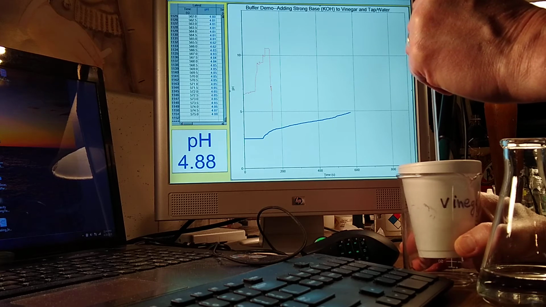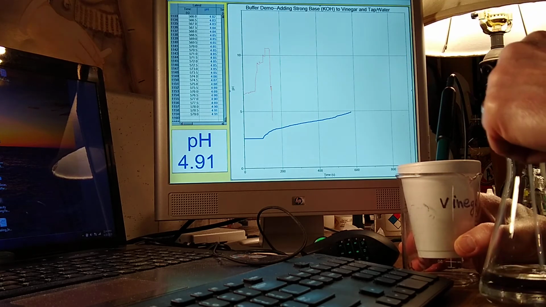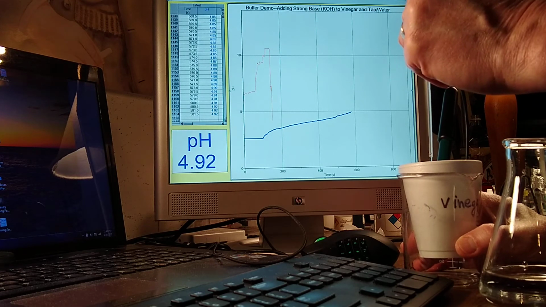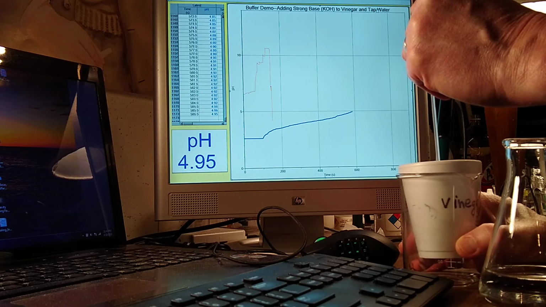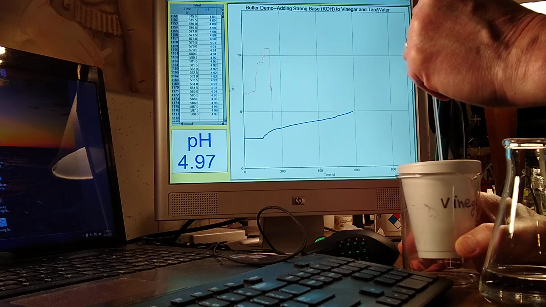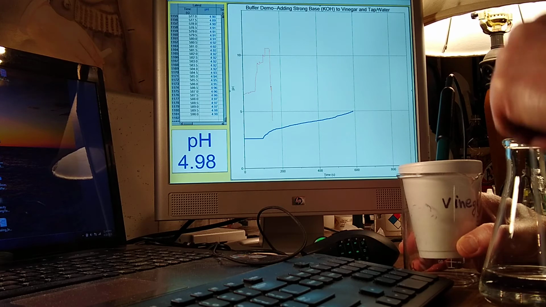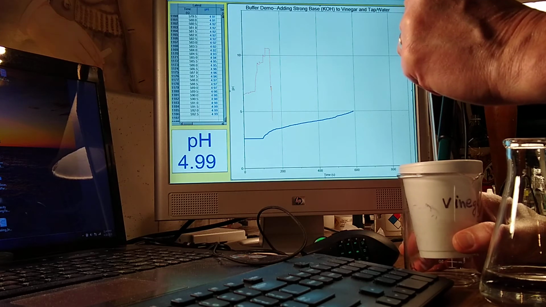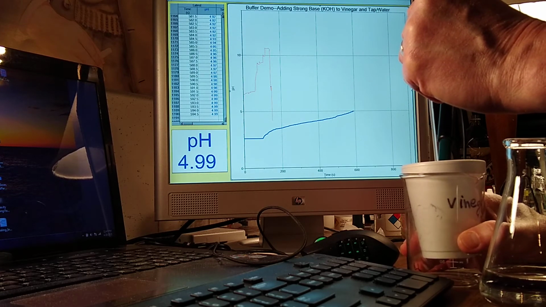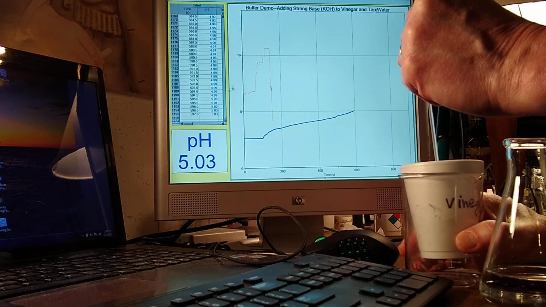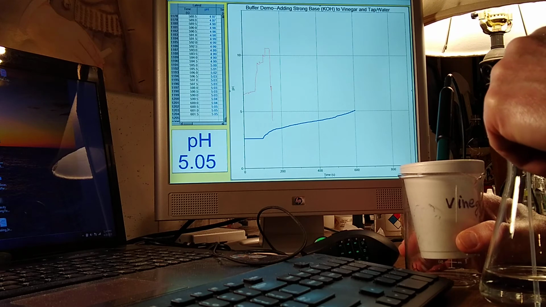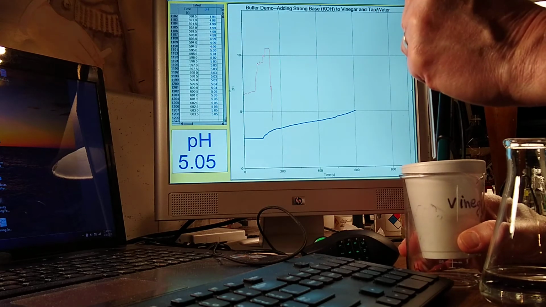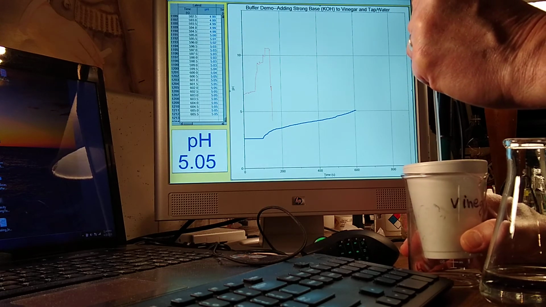Well, acetate is the conjugate base of a weak acid. So the pH of an ion that's basic, acetate ion, should be above 7. If I do this titration with a strong base and a strong acid, if I were adding KOH to HCl, at the equivalence point I'd have a mixture of KCl and water.